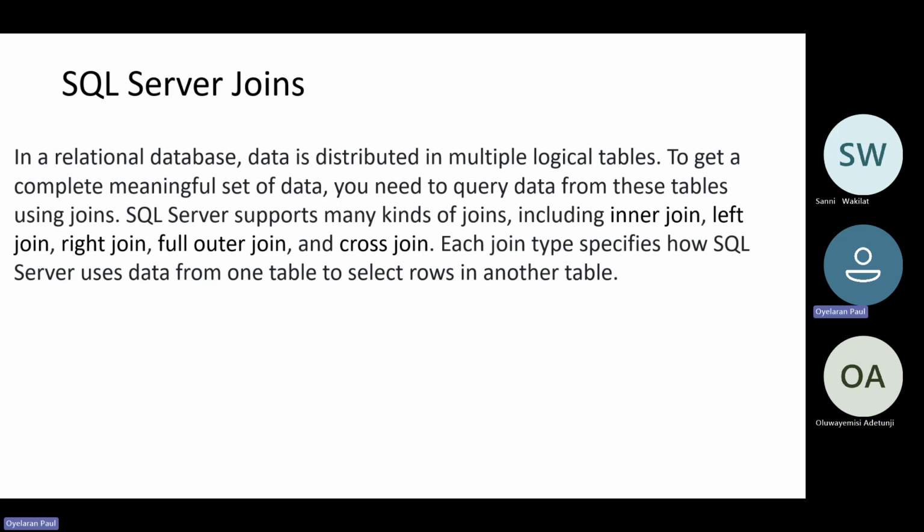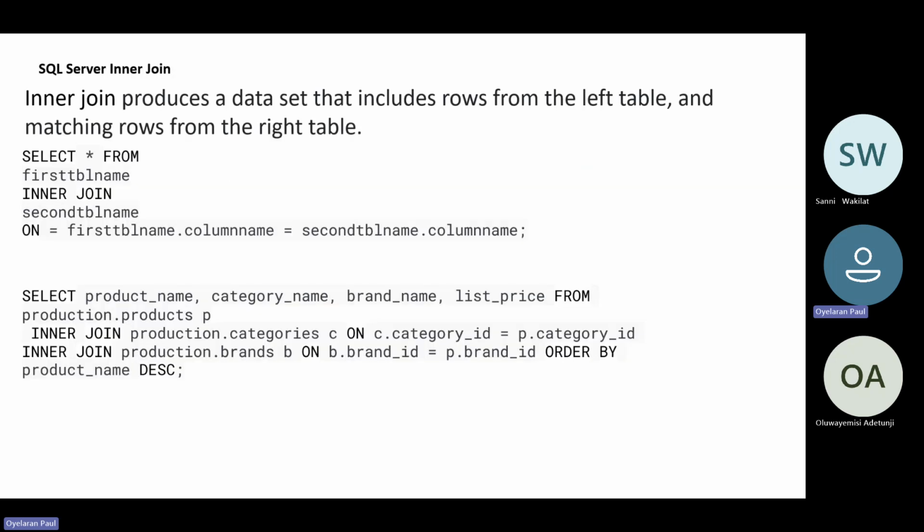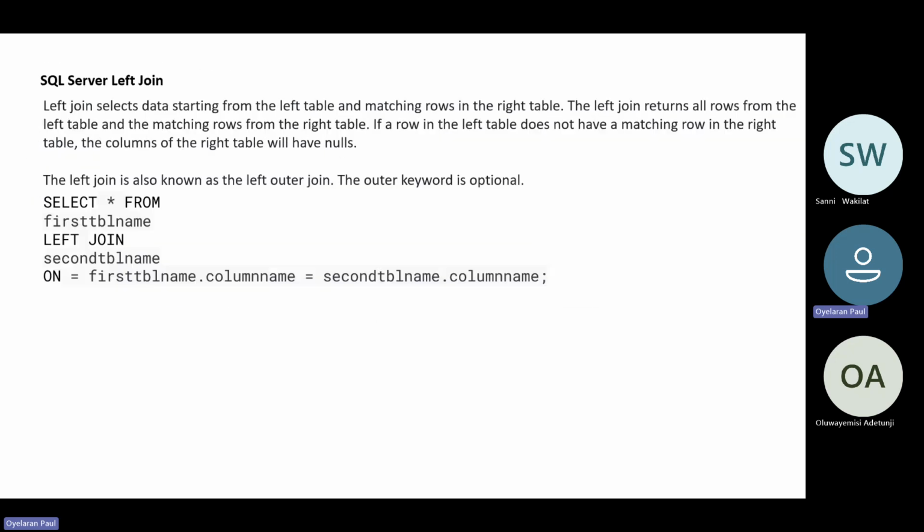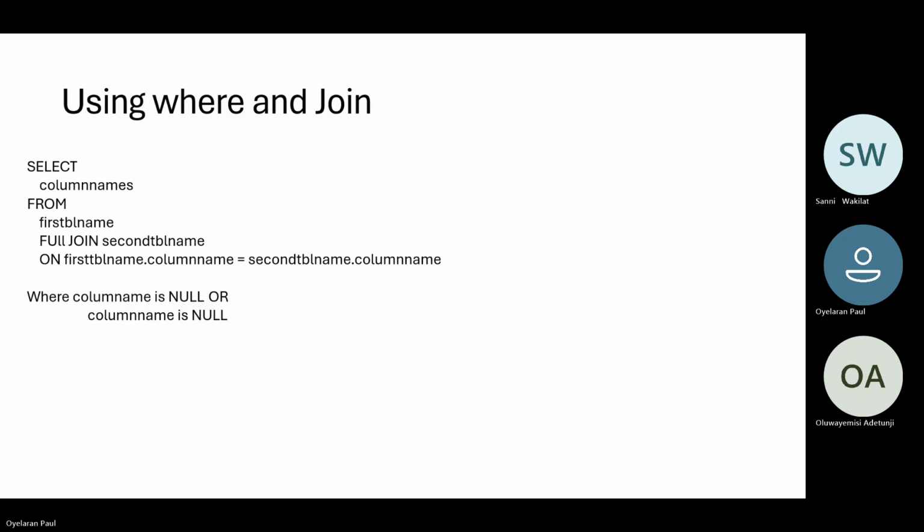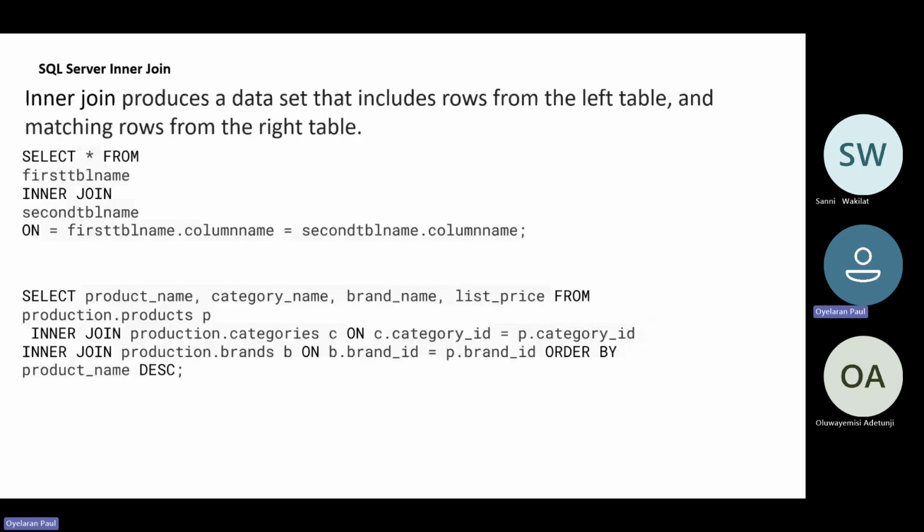So the other one, 2, does not exist in the other table, so inner join will always return only the fields that are common to both of them. So that's exactly what inner join does.